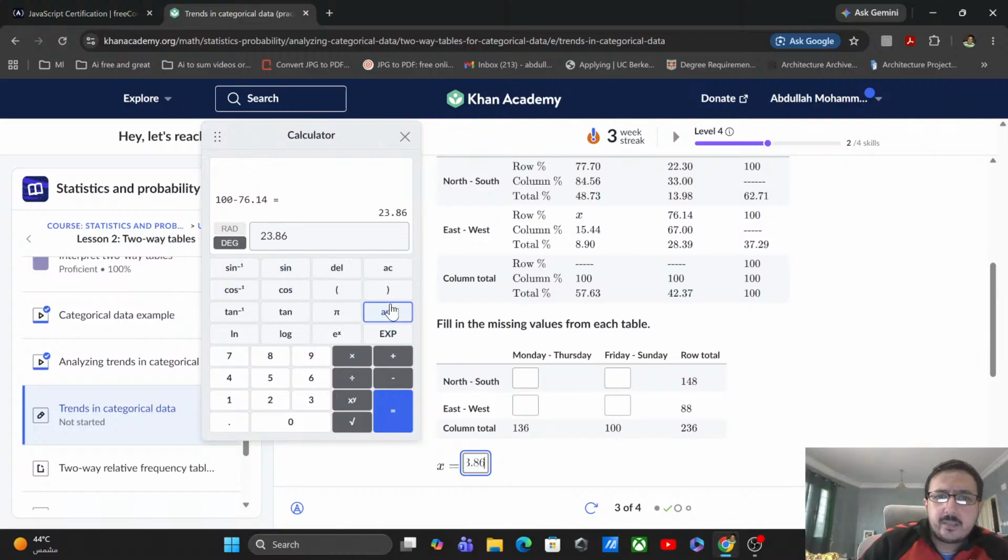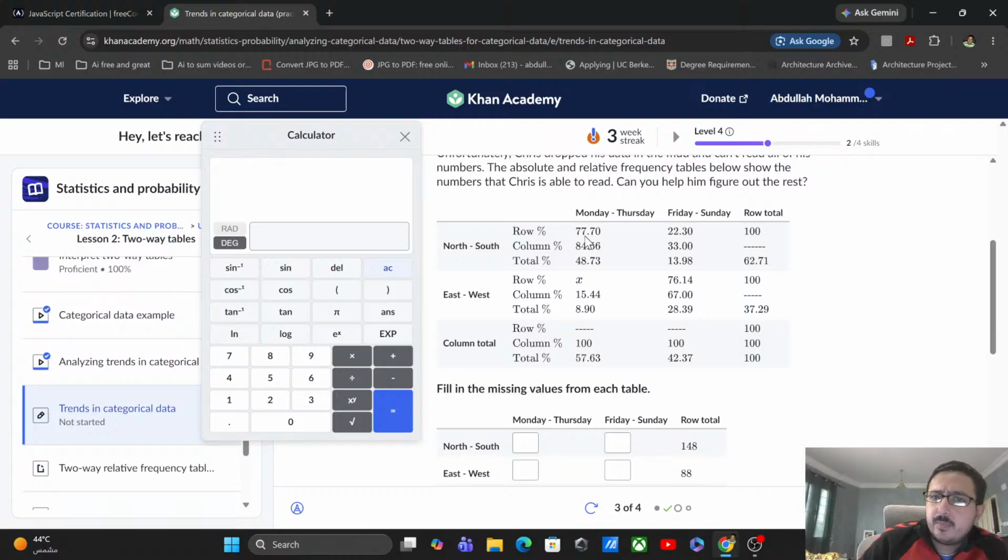Okay, what else? What are we having? We have 77%, 77.77, multiplied by 148, that's 115, and then from Friday, 148 minus 115 is 33.